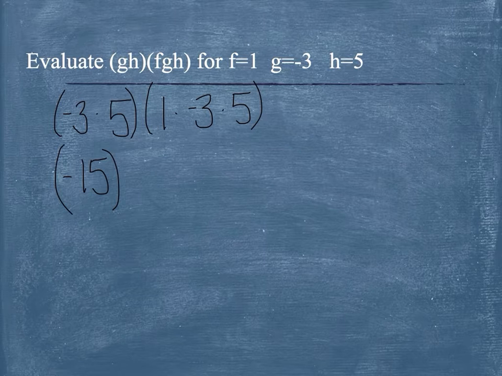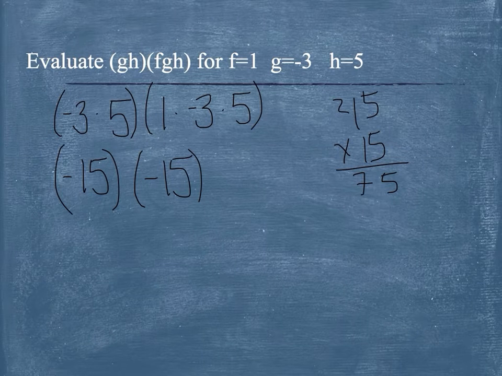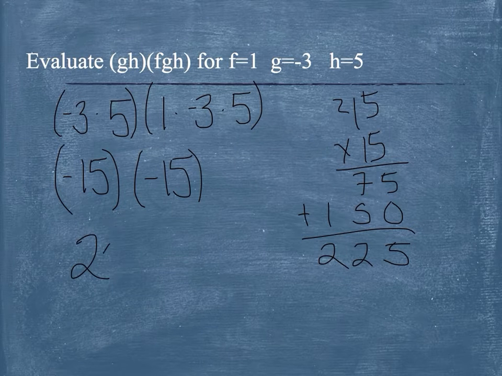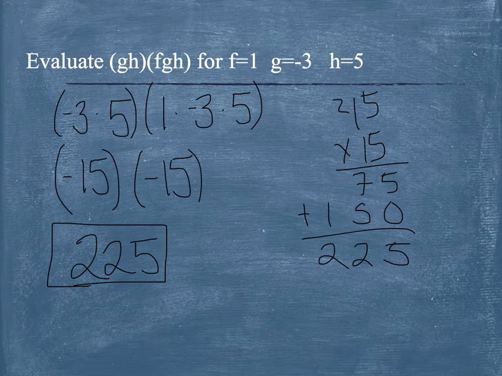Negative 1 times negative 3 is negative 3, times negative 5 is 15. So if we go 15 times 15, you get 225. I have two negatives, so my answer is going to be positive.